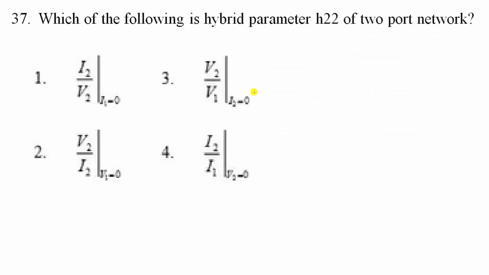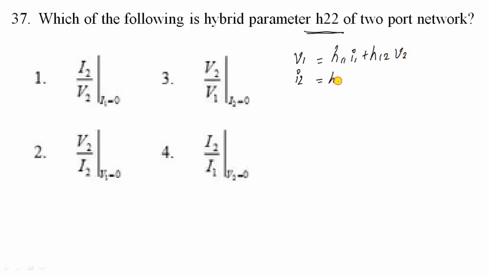37th question: which one of the following is the hybrid parameter H22 of a 2-port network? We know that in the case of H parameters, V1 and I2, that is input voltage and output current, are the dependent variables, whereas V2 and I1 are the independent variables. So V1 is given by H11 times I1 plus H12 times V2.